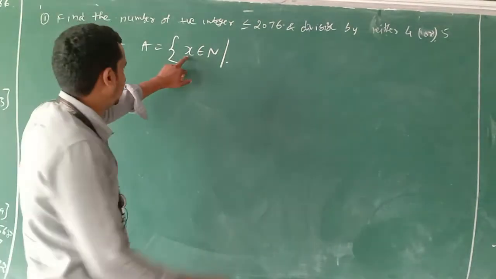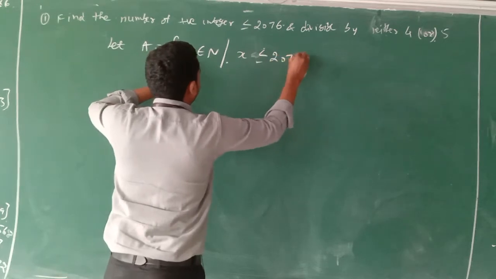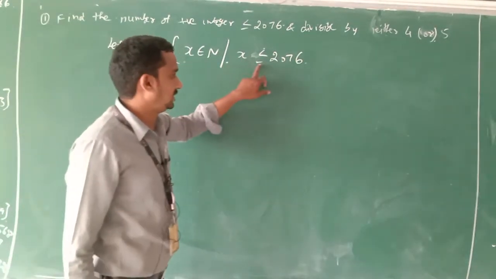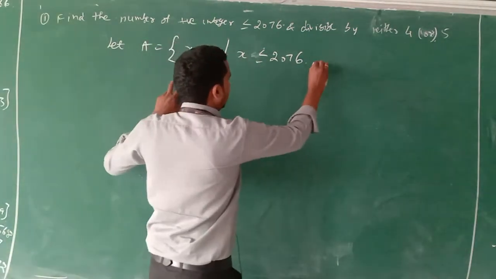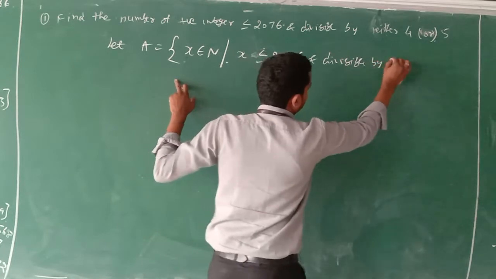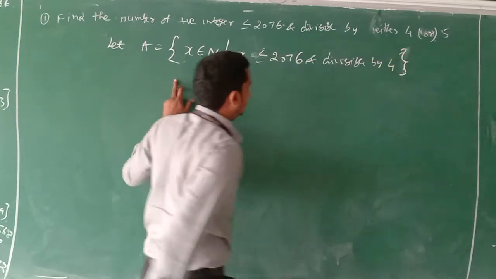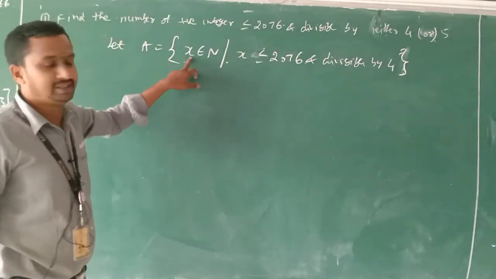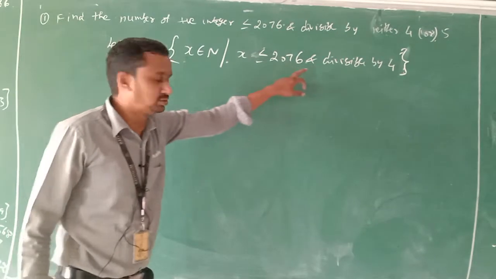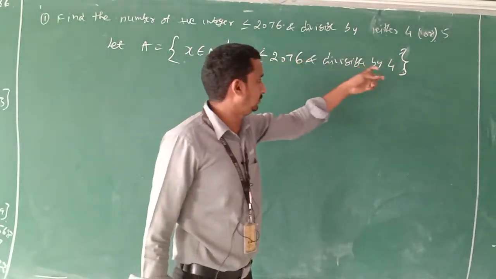The x is nothing but x less than or equal to 2076 and the corresponding x divisible by 4. A is the set of all x belonging to N such that x is less than or equal to 2076 and divisible by 4.